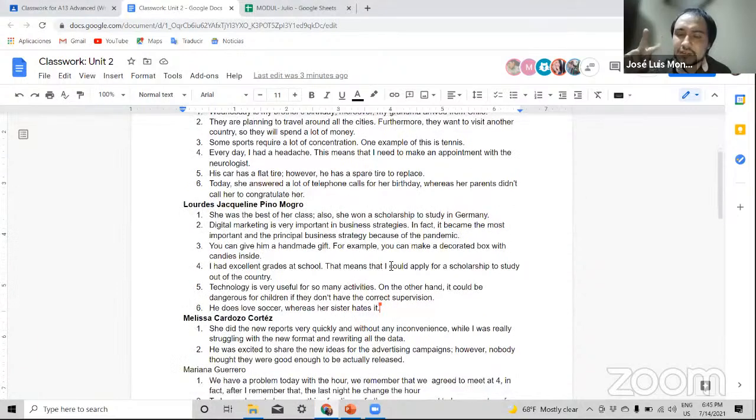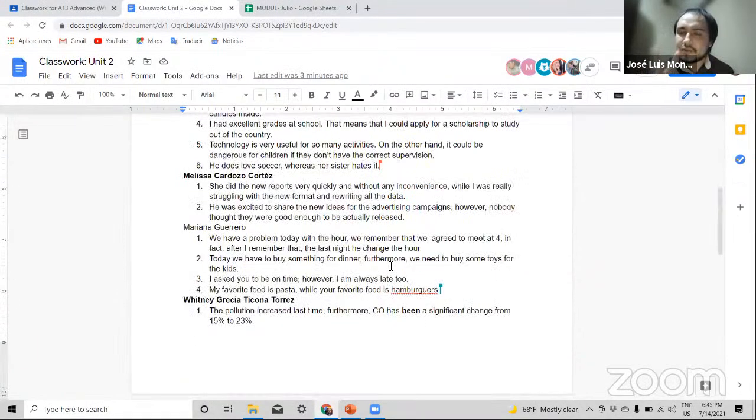First, if the two ideas, even though they are contrasting, if you see that they are too complex, all right, a very complex idea, and then you have a second very complex idea, and they are not only complex, but they are long ideas, then the best option is to write period, all right? But you can do it. You can write period, however, comma. With all of those words that are in black, Melissa, you can write period or semicolon.